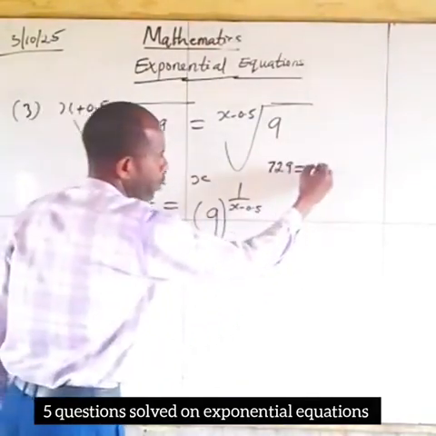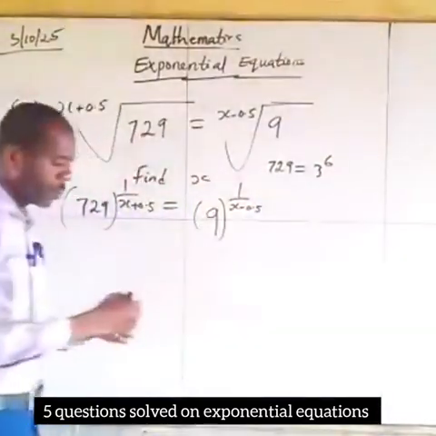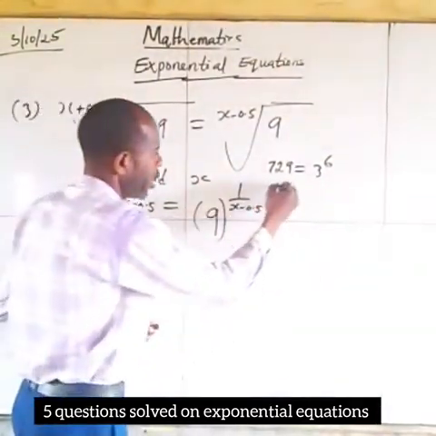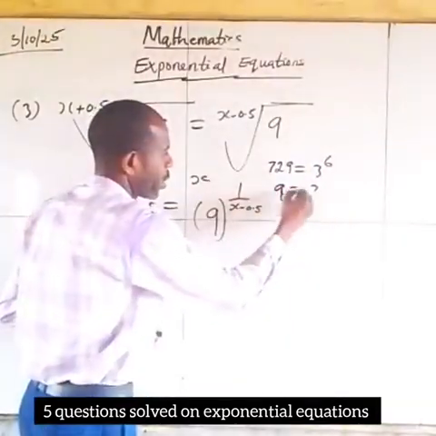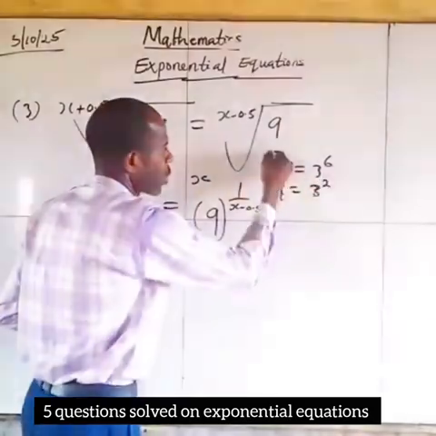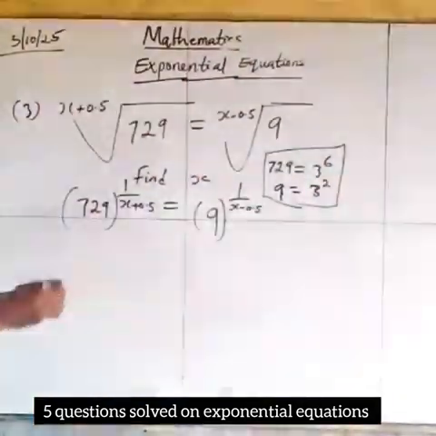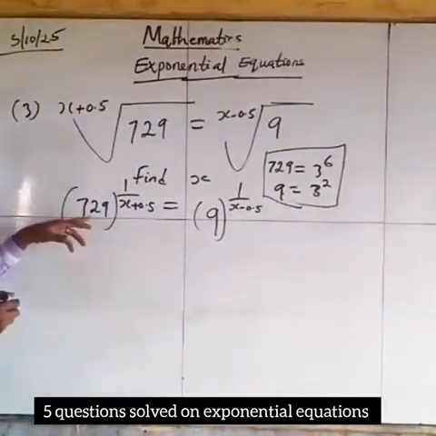If 3 multiplies itself 6 times, we are going to have 729. And for 9, we have 3 multiplied by itself twice. So here, we are going to use all these to replace this.